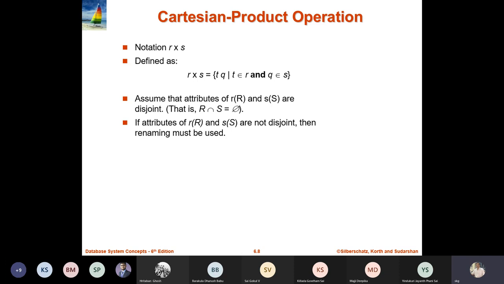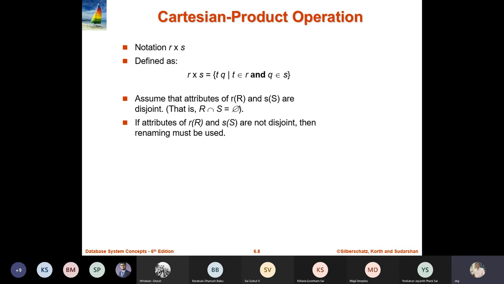If there are m tuples in relation R and n tuples in relation S, the result will have m times n tuples in the resulting relation in case of Cartesian product.